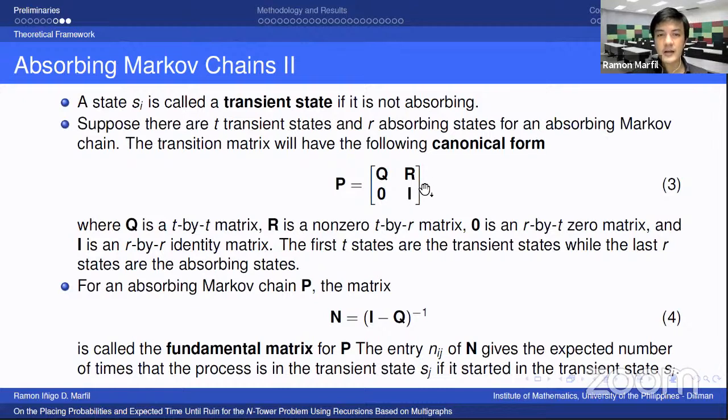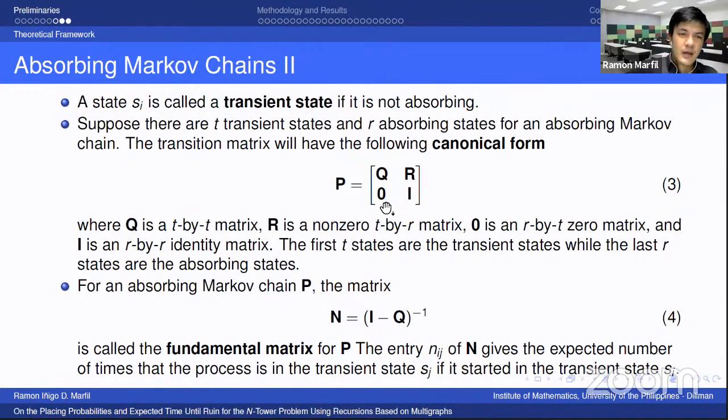Yung I ay ito yung transitions from absorbing states to themselves. Alam natin from the previous slide na kapag absorbing state siya, doon na siya forever. And meron tayong zero submatrix dito dahil imposible namang makapunta mula sa isang absorbing state pabalik sa isang transient state. Kaya siya zero matrix dito.